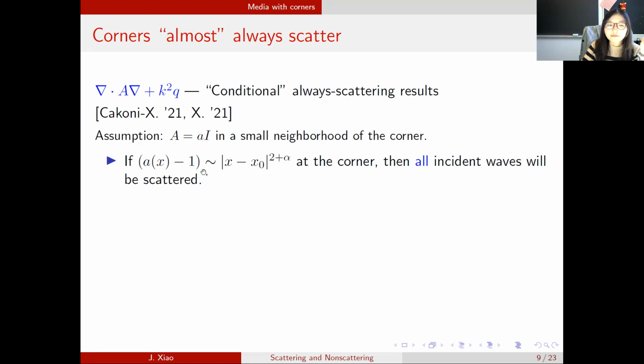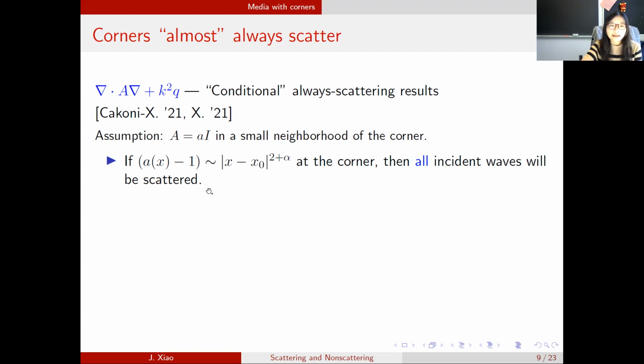If the medium satisfies this, then all incident waves will be scattered. In particular, this generalizes the case where the corresponding Laplace plus k squared q can be regarded as a special example here.